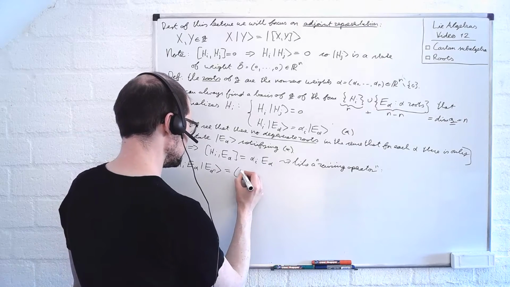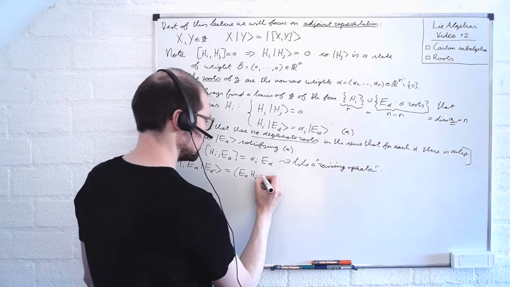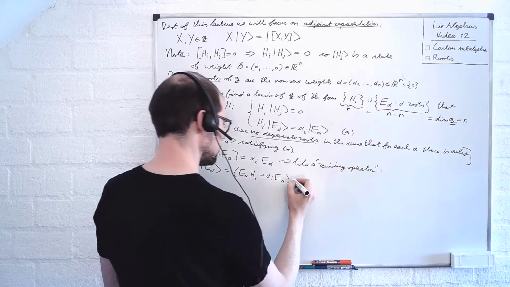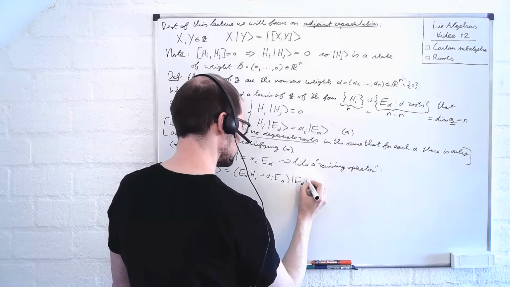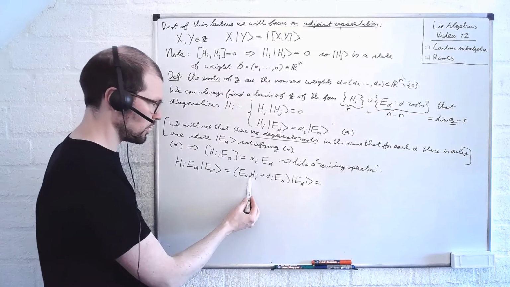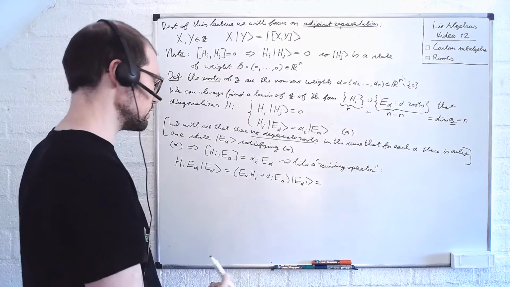So we get E of alpha Hi plus alpha i E of alpha, but by definition E of alpha prime is an eigenvector of the Cartan generators.